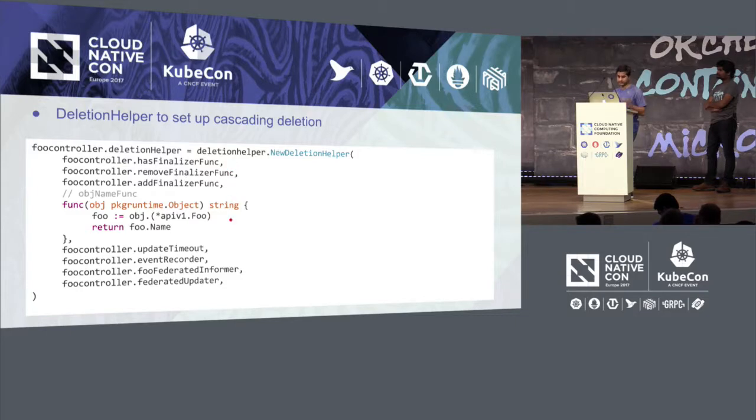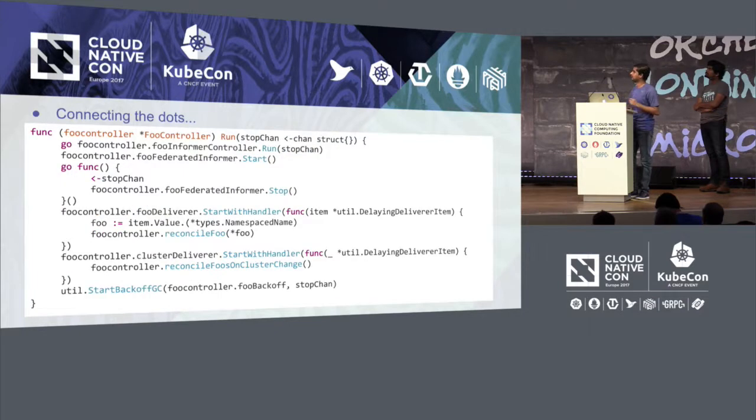We use the finalizer API to set up cascading deletion. The details are not that important. You can look at one of the controllers' code and just use the same code. We are also working on simplifying all these libraries so that you don't have to repeat the same things over and over again for controllers. But this is the current API or the libraries available.